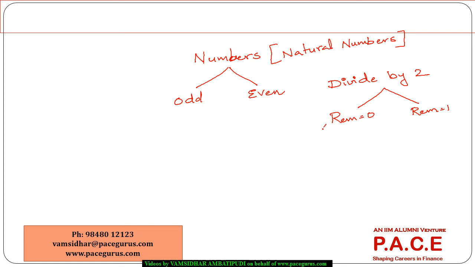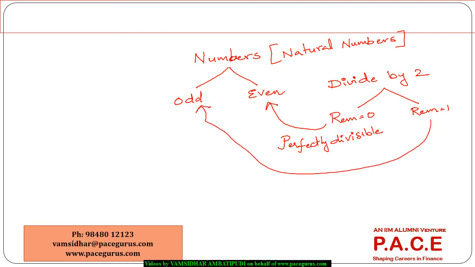If the remainder is 0, I'll call it an even number, which means it is perfectly divisible by 2. Whereas if the remainder is 1, I call it an odd number, and this odd number is not perfectly divisible by 2. It leaves a remainder when it is divided by 2.